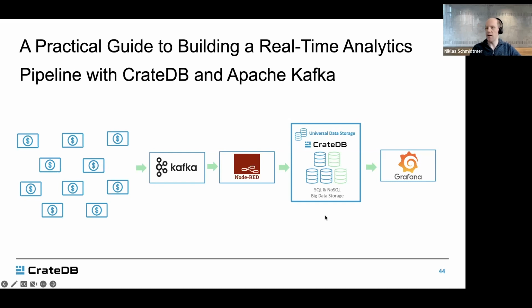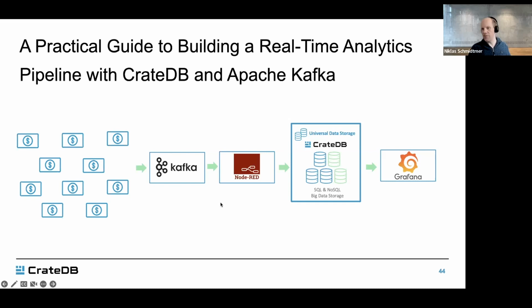So we don't only have the opportunity to do real-time analytics as changes happen, but also store data for later comparisons, maybe on different aggregation levels. And then finally, we would see how Grafana can connect to CrateDB and then visualize the data so that we can generate our insights from those payment transactions.